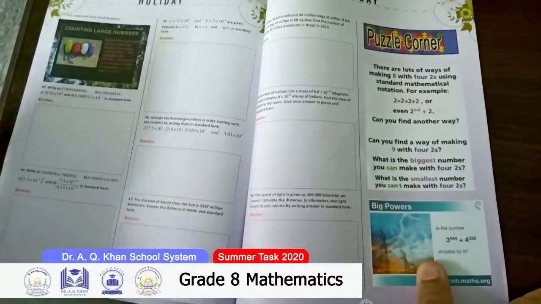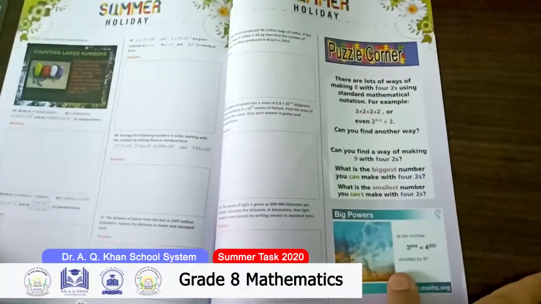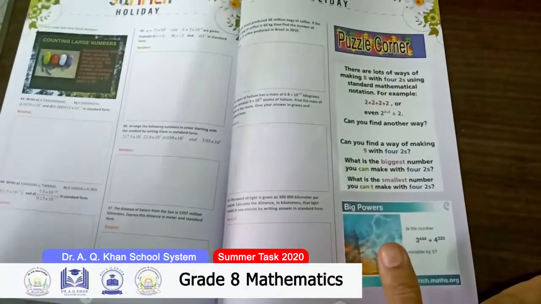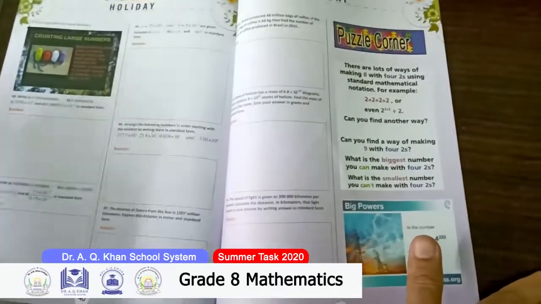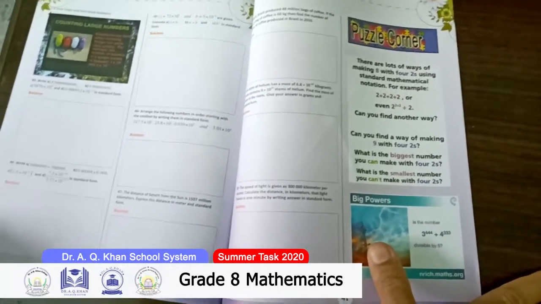तो उनमें आपने, for example, if you have been given a very big number, how you can transform that into the power formula, exponential formula. It's so easy, you can easily do that.